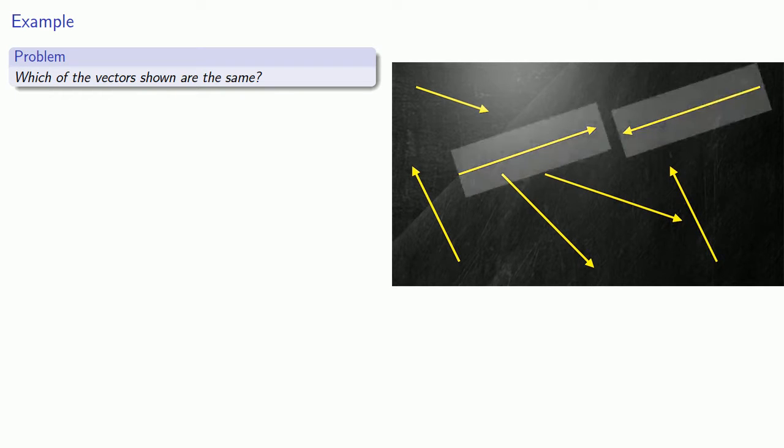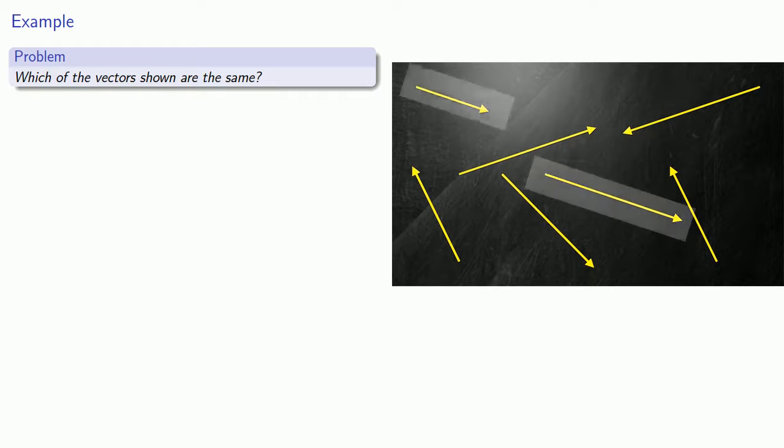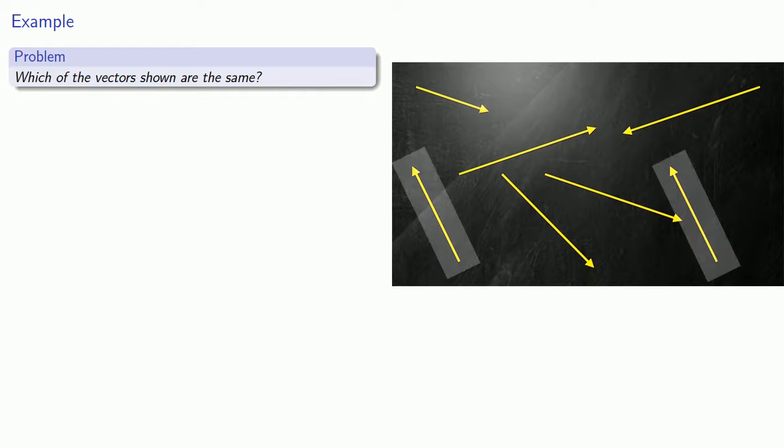For example, here are two vectors with the same length, but their arrows are pointing in opposite directions, so these two vectors are not the same. Meanwhile, here are two vectors that are pointing in the same direction, but their lengths are different, so again, these are not the same. But then there are these two vectors.